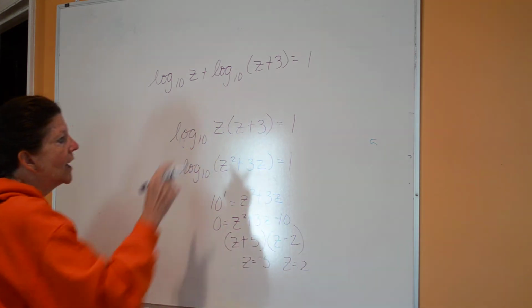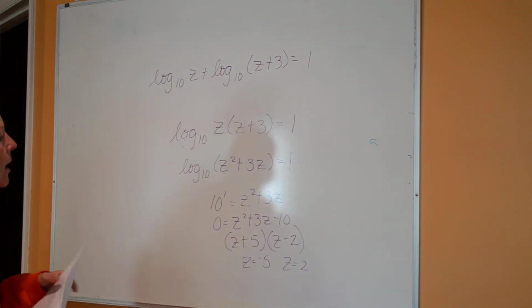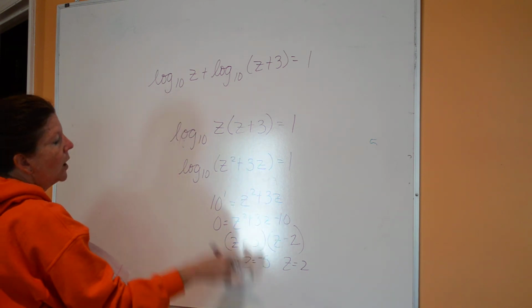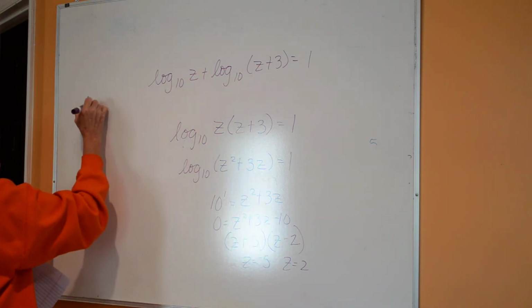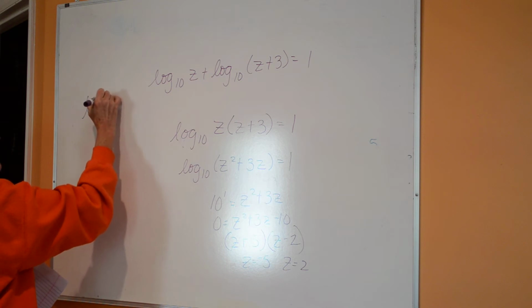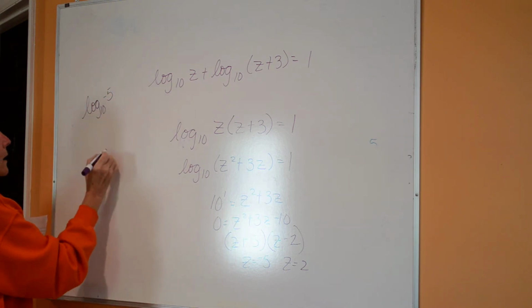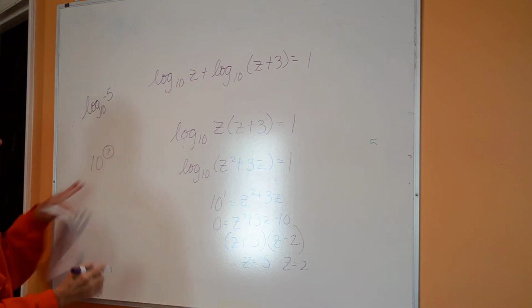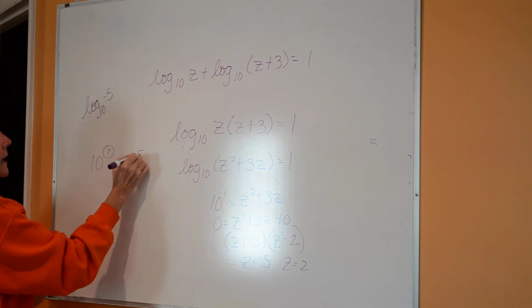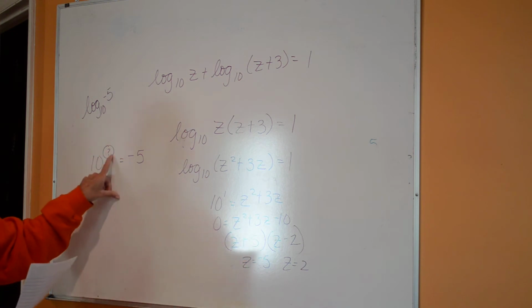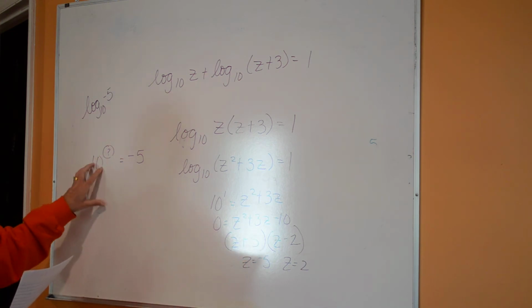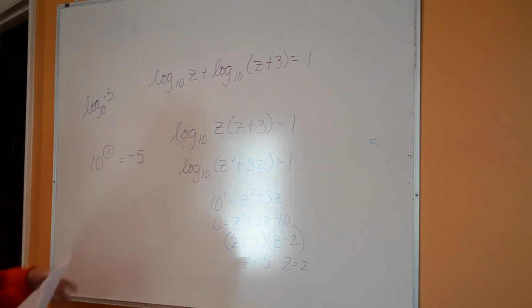But then I have to check and make sure that they would work in here. Okay, on this particular one, I'm saying a log base 10 of negative 5. Well, I'm going, what can I raise the 10 to give me a negative 5? And remember, there's no exponent that would take a positive number and make it into a negative number.